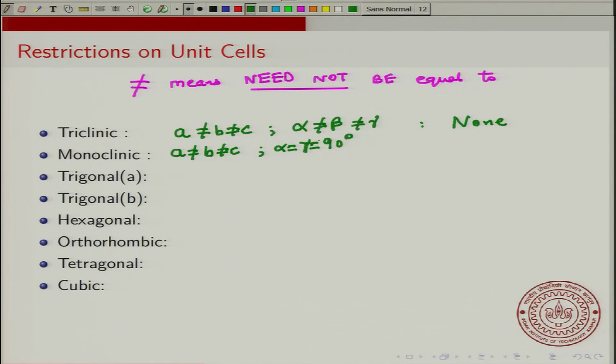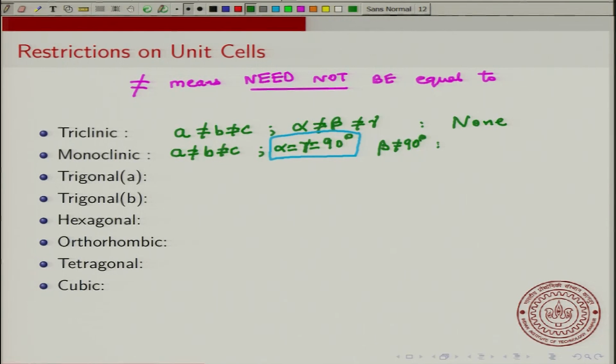This is the only restriction, and beta need not be 90 degrees.